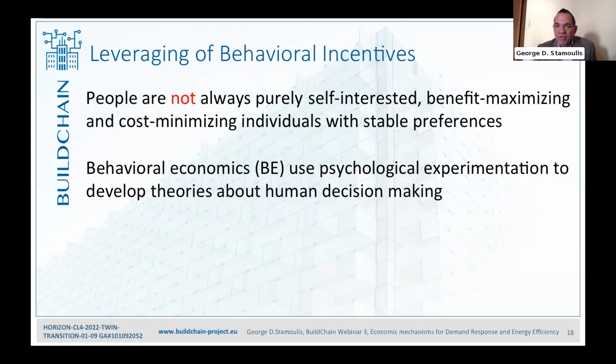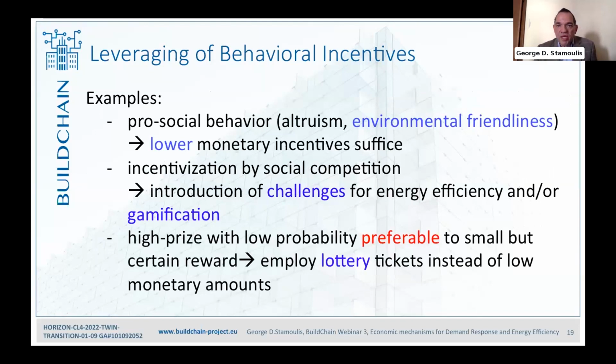They don't have stable preferences, or they are not fully informed of their utilities, of how to make optimal decisions, etc. So behavioral economics employs psychological experimentation to develop theories about human decision making, and also provides means for taking into account such behavioral traits in order to perform more efficient, more effective DR events.